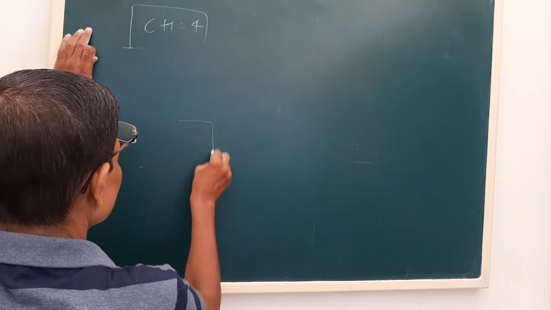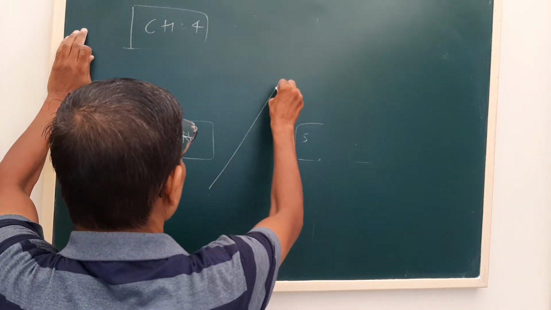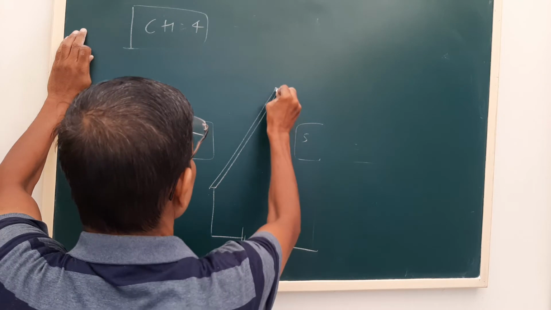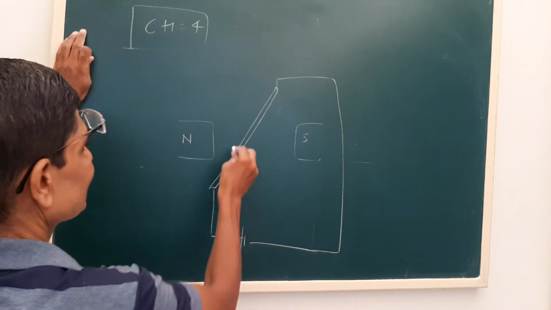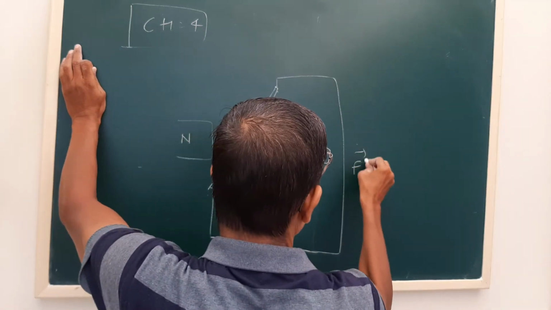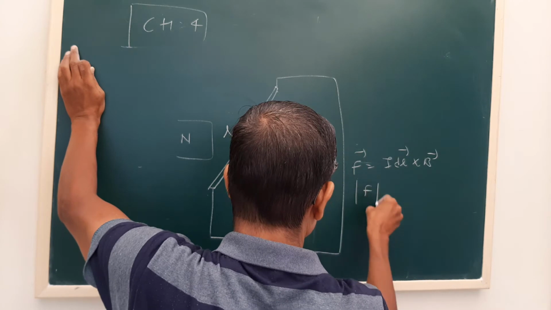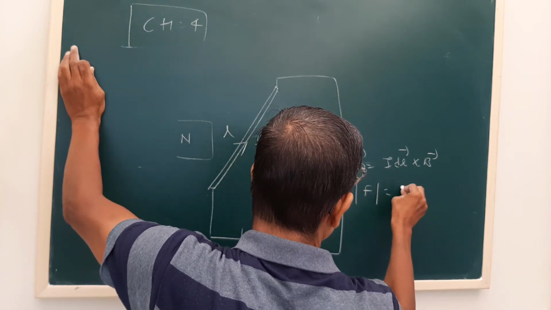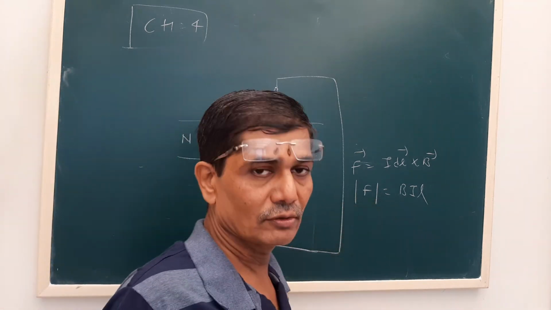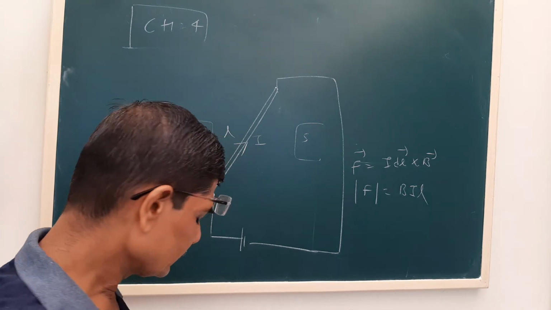Let us say N and S poles, and the current carrying conductor has current I and length L. We use F is equal to I dl cross B, or the magnitude of the force is BIL.